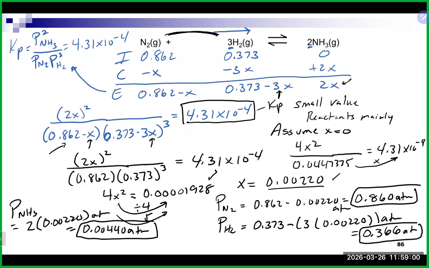Those are considered large values of K. And with large values of K, we would expect mainly products to be there at equilibrium, which means our change is going to be significant, right? So again, you can only try the assumption if your K value is considered small. And that means, again, less than 1, basically, you could give it a go.